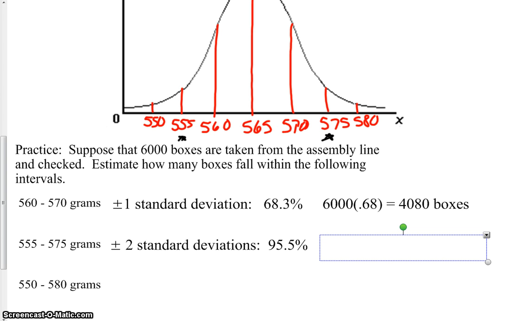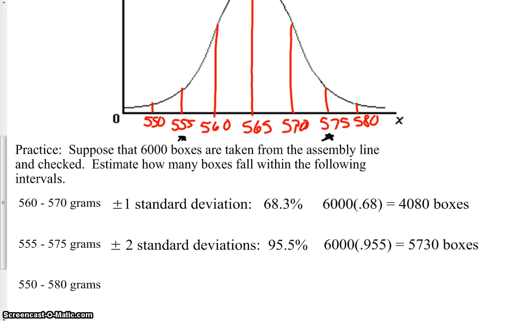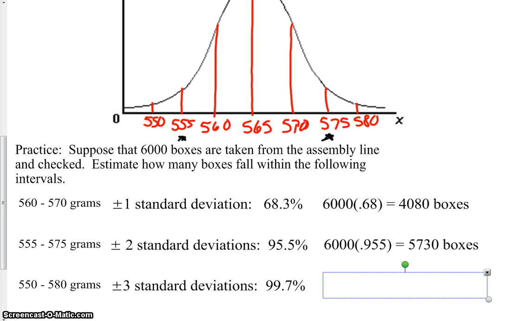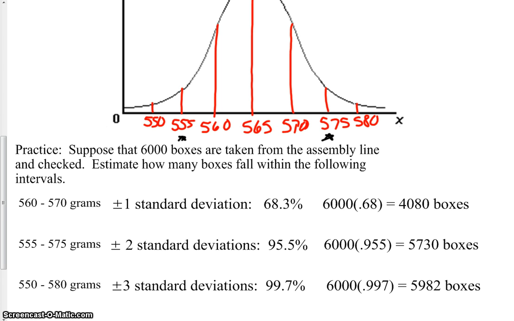Multiply that by your 6,000, and we end up with 5,730 boxes. The next one, 555 to 580, another easy one. It's only 3 standard deviations from the mean, or 99.7%. We multiply that out and end up with 5,982 boxes.